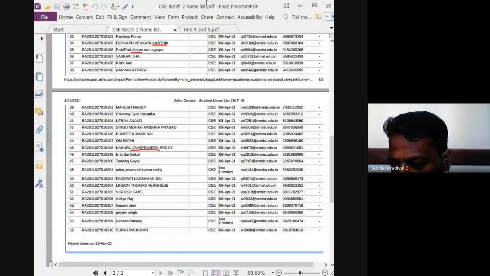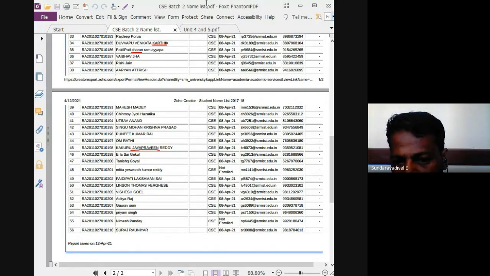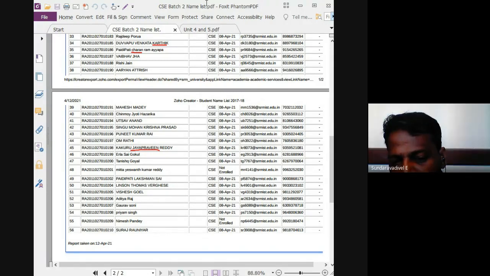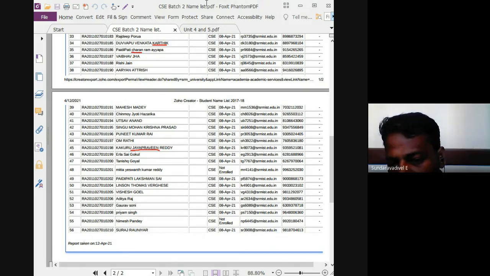Thomas Varghese not here. Vish Goyal, 205 present, sir. Aditya, present, sir. Gaurav, 207. Suraj, present, sir.